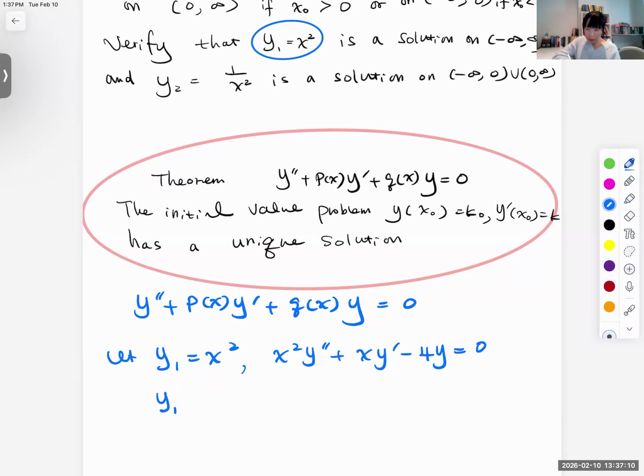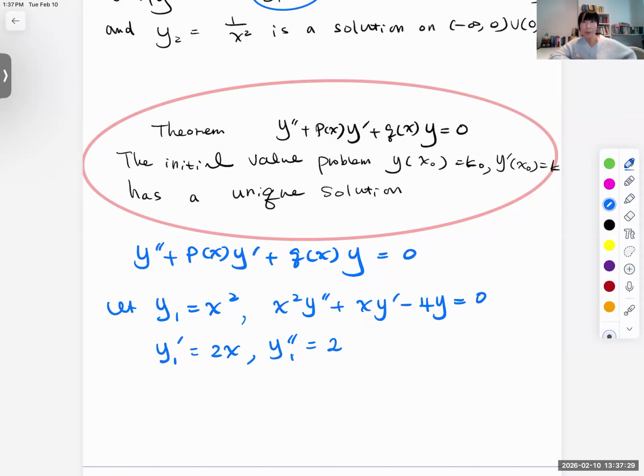Okay, now y sub 1's first prime, what do you get? We get 2x. What about y sub 1's second prime? We have a 2. Very good, right? Then we substitute 2 into y second prime and 2x into y prime.